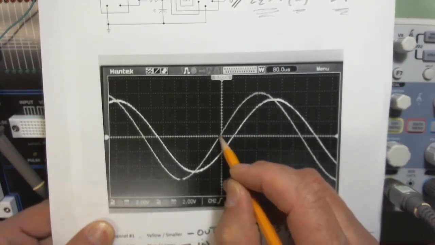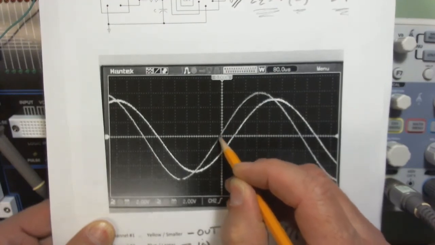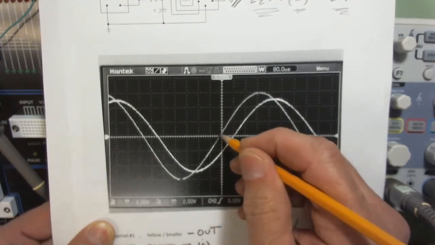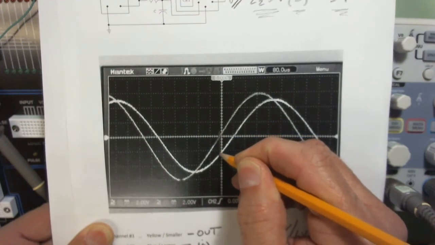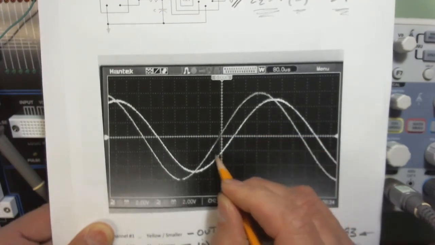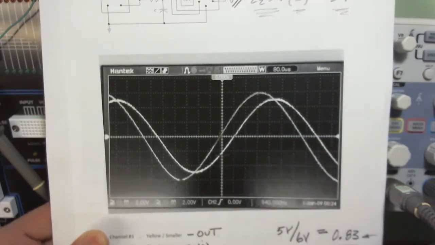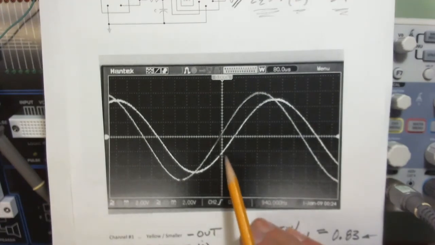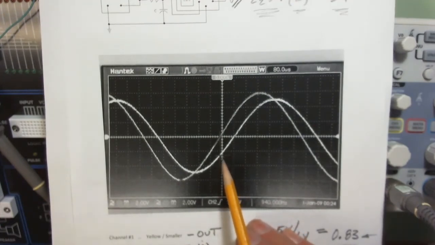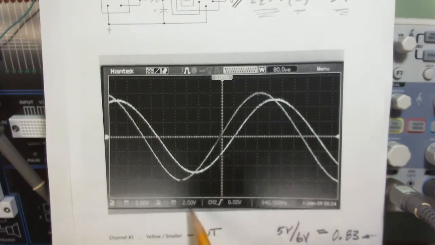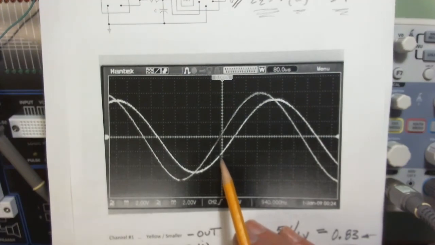So I'm going to pick when it is increasing and when it crosses. Then I'm going to look at the other signal, which is negative about 1 1/3 or 1 1/4 divisions, right? So take 1 1/3 or 1 1/4, multiply by 2, and you have that negative voltage. That's what that is.